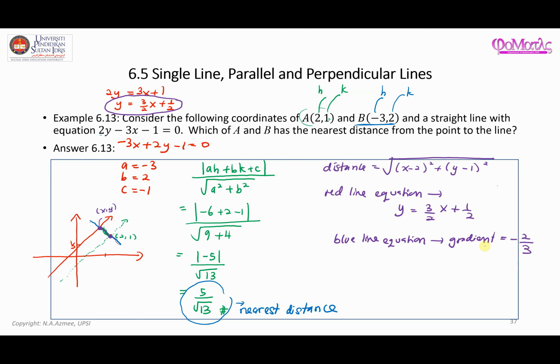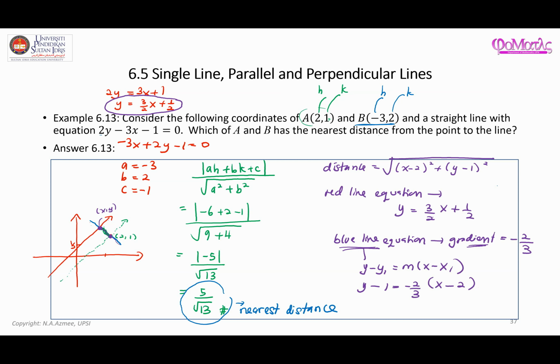Okay, so you know the gradient for the blue line, and you know there is one point here which is 2 and 1. So you can construct the equation for blue line using the formula y minus y1 equals m times x minus x1. Well, I'm just going to outline the step here and you're going to try it on your own. So now y minus 1, the gradient is -2 over 3, x minus 2.